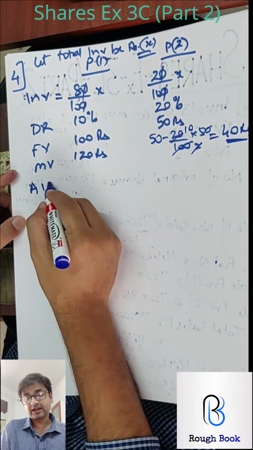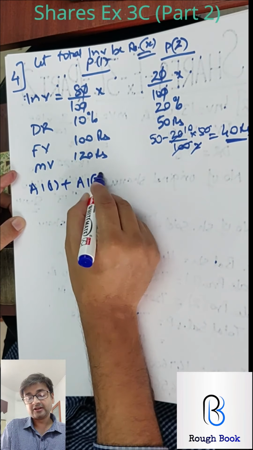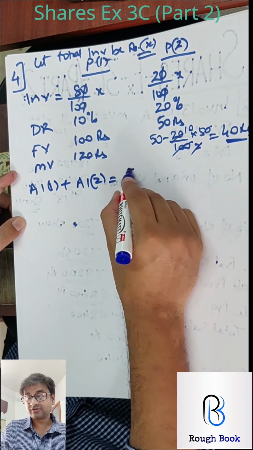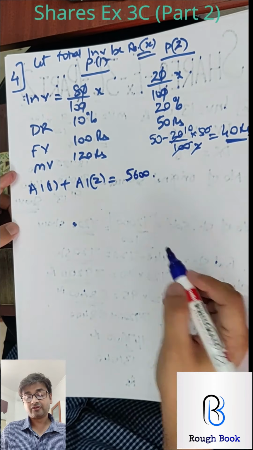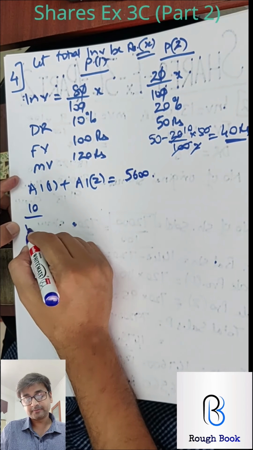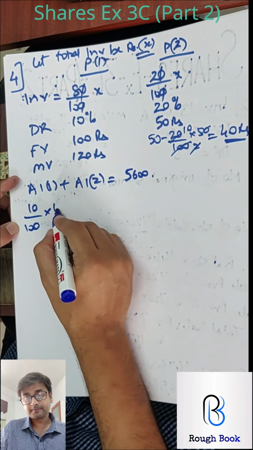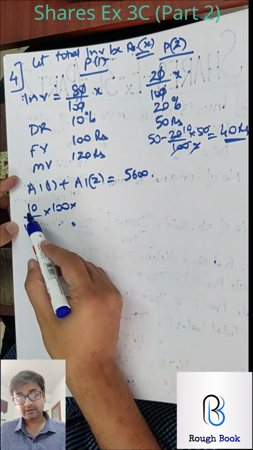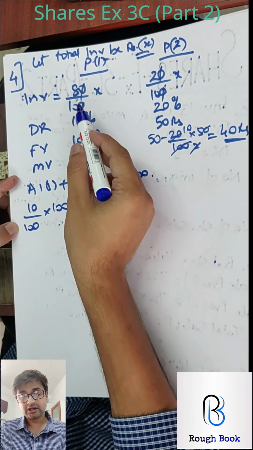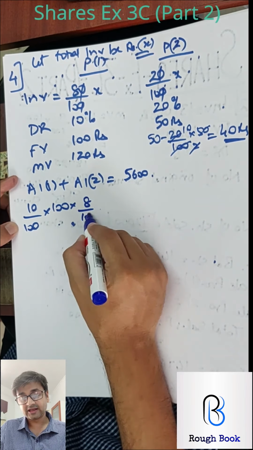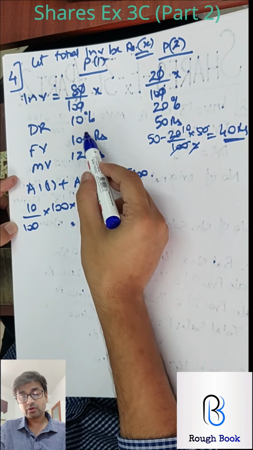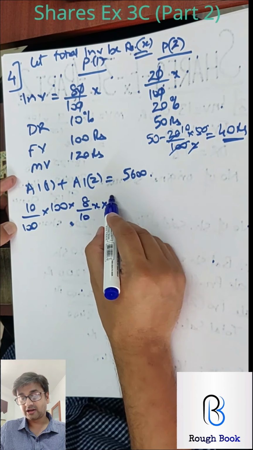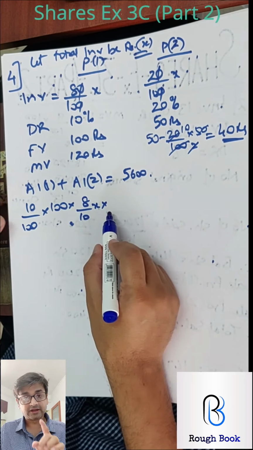Now annual income 1 plus annual income 2, together they said is 5,600. So first annual income is 10% into 100 into investment, that is 8 by 10x, into market value. Now market value, people write over here 120. Take care of this.